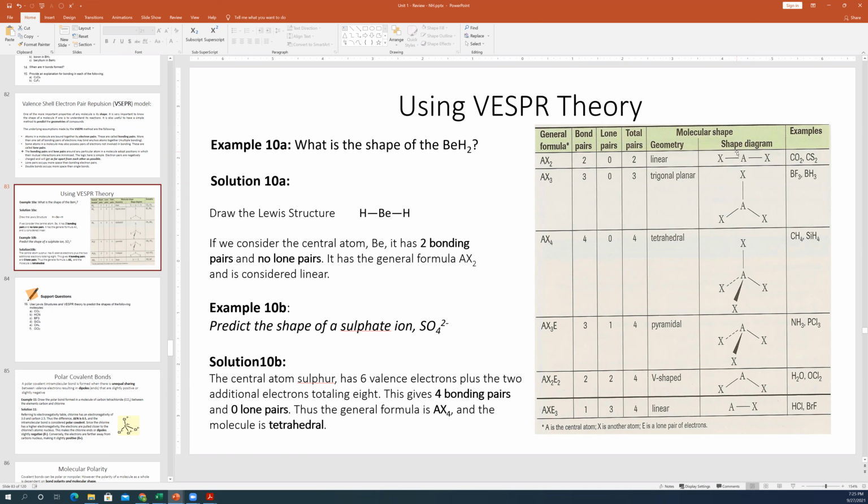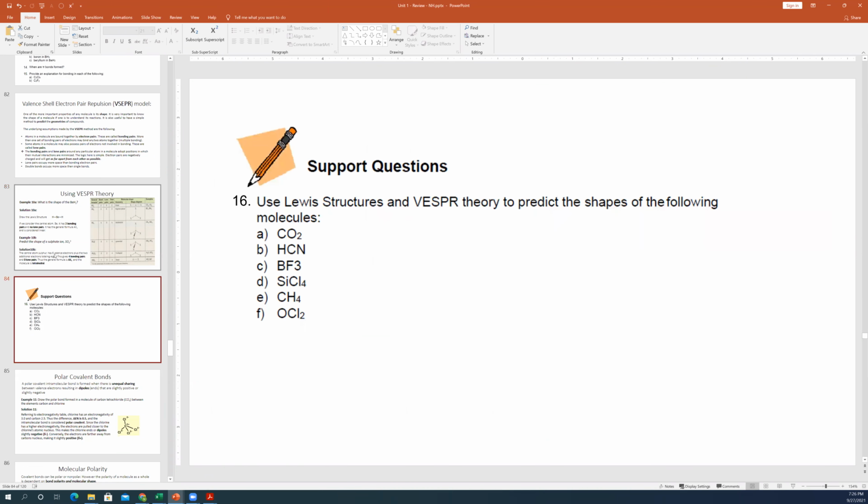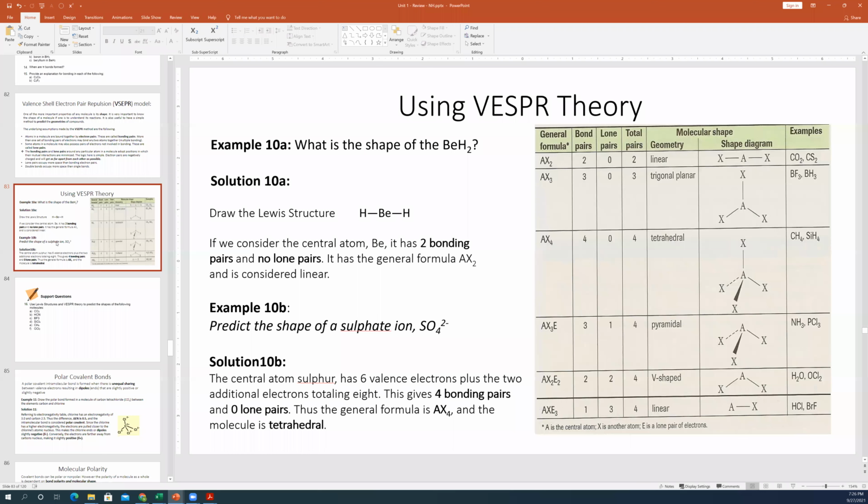Okay, how about HCN, the second example here, hydrogen cyanide. What would you predict for that, based on Lewis structures and VSEPR theory?